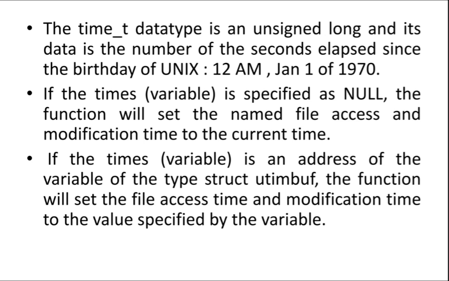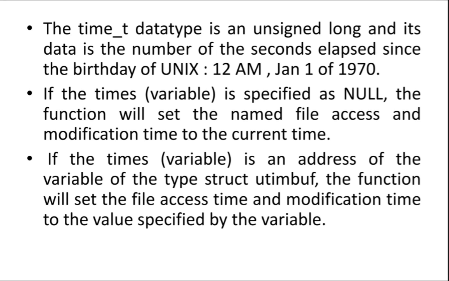And if the argument is the address of a variable of the type struct utimbuf, the function will set the file access time and modification time to the values specified by the variable. Very very simple. Here you can change the access time and the modification time by passing the value with a variable.